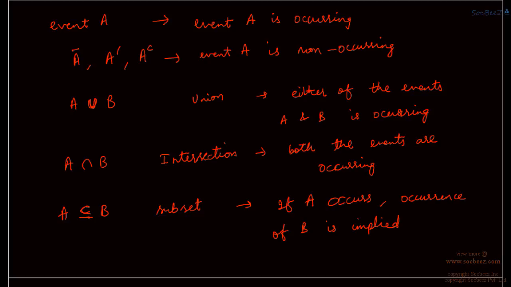Right? So these are the most important notations we will be using here. A union B, that means either of the events A or B, or A and B is occurring. A intersection B means both of them are definitely occurring, and A subset B means if A is occurring, B has to occur.